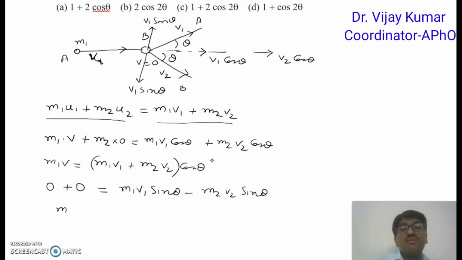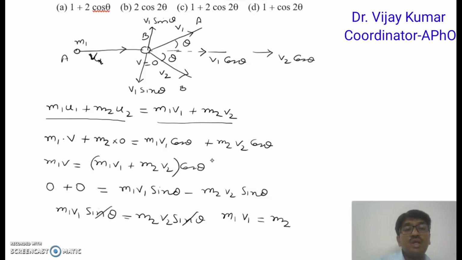So m1 v1 sin theta equals m2 v2 sin theta, and sin theta cancels out. We can write m1 v1 equal to m2 v2.